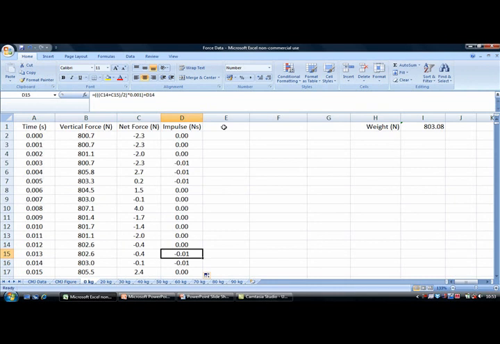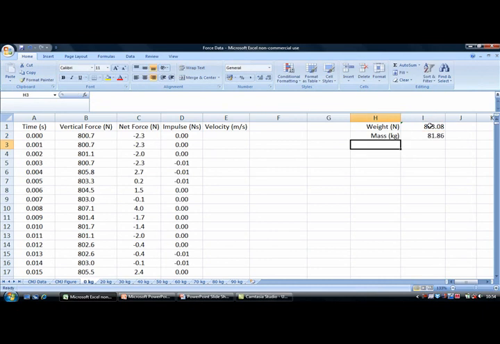The next thing, hopefully you'll remember, is that from impulse and the impulse-momentum relationship we can calculate values for velocity. To do this we basically need to divide our impulse values by our subject's mass. So the next thing we need to calculate is the mass of our subject, and this is equal to our weight divided by gravity.